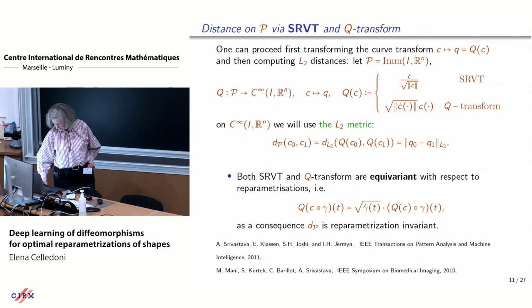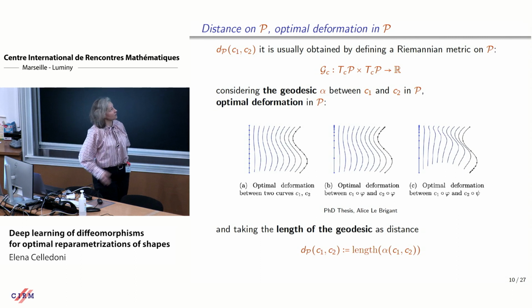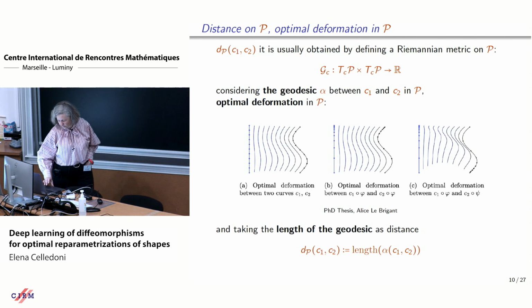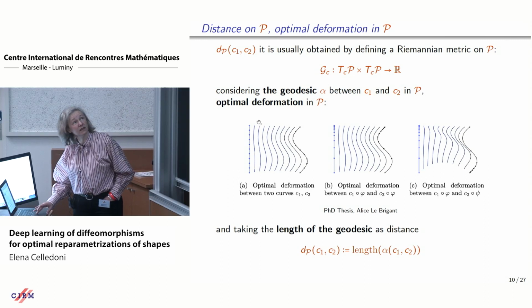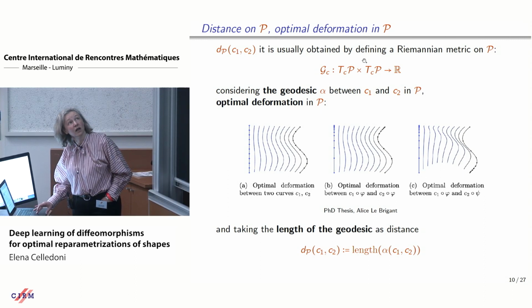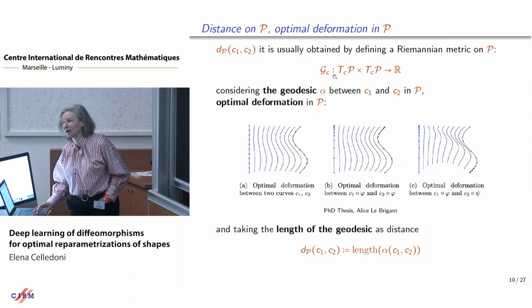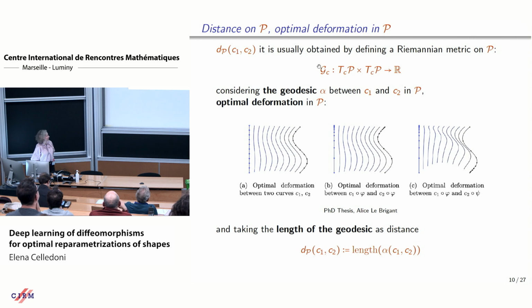So a geodesic from the curve, which is a straight line in this picture, to this curve here, is simply an optimal deformation. Okay? And this optimal deformation is defined by the way you choose this Riemannian metric.